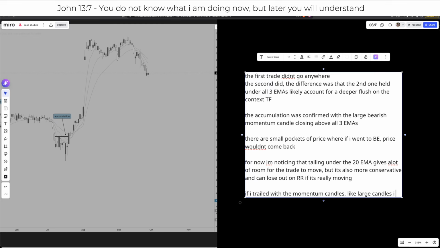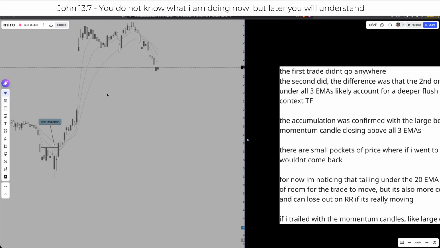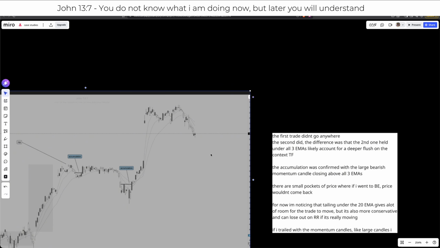So the trade-off here is that if I were to enter something like this, let's say this is a candle right here, and then I were to move my stop loss under here, or a 50% partial under here, and price takes me out, it could still start to go. But if I were to trail with the 20 EMA, I would still be in this. If this wasn't here and it started going up, this would keep me in the trade still.